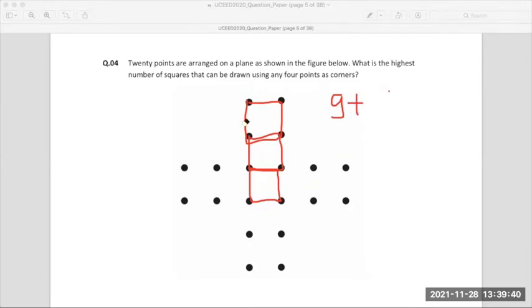So this is one possibility. In another combination, when I look at the squares together, another possibility is to connect the squares like this. It's possible.